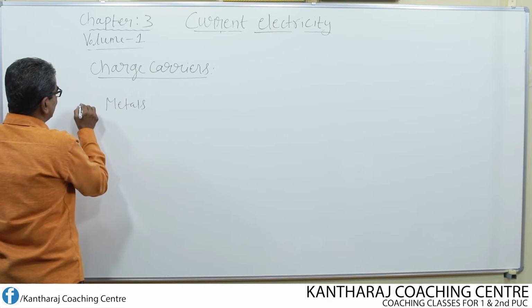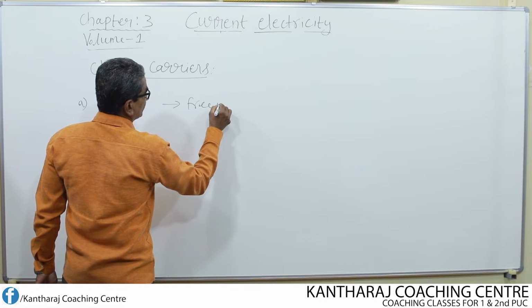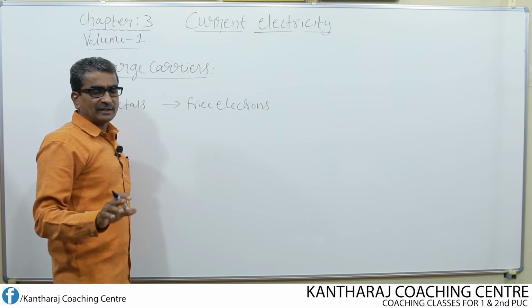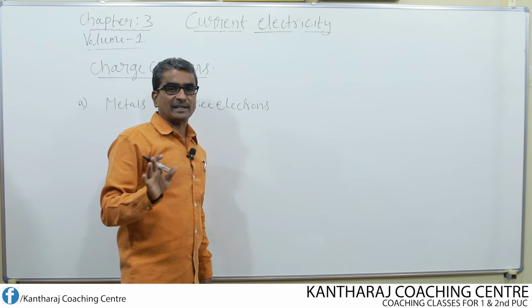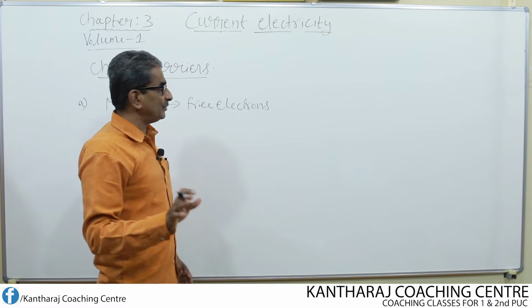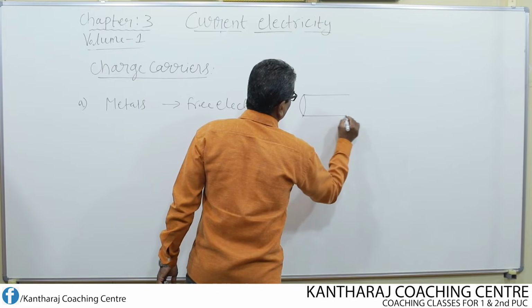In case of metals, the charge carriers are nothing but free electrons. Free electrons are responsible for electric conduction, because the motion of the free electrons constitutes the electric current through a metallic conductor.